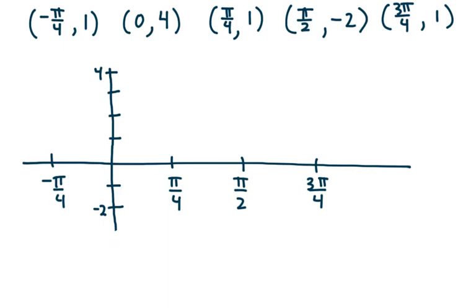And then, of course, my origin is 0. So negative pi over 4 up 1. 0 up 4. Pi over 4 up 1. Pi over 2 down 2. And 3 pi over 4 up 1.